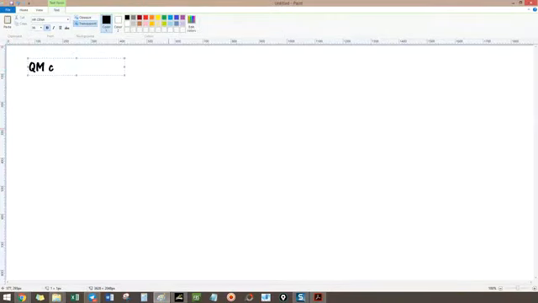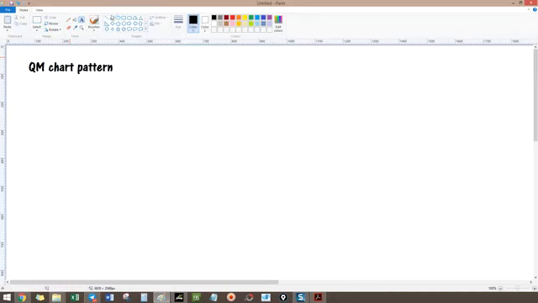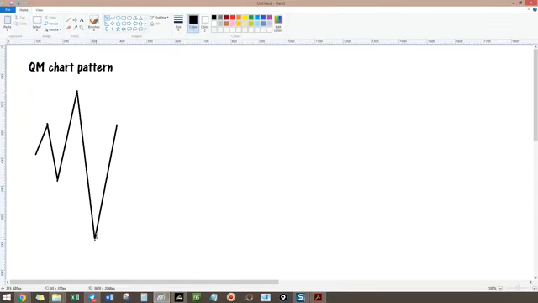QM chart pattern will look something like this. 1, 2, 3, 4, and a 5. And go. Okay, it will look something like this.